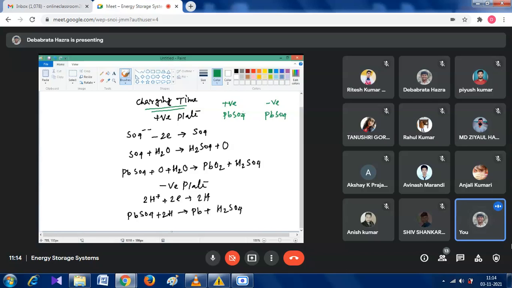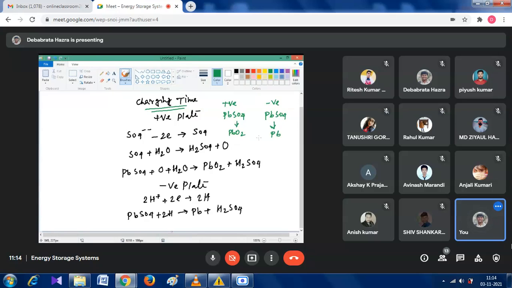So when we charge the lead acid battery, the positive plate becomes PbO2 and the negative plate becomes lead.